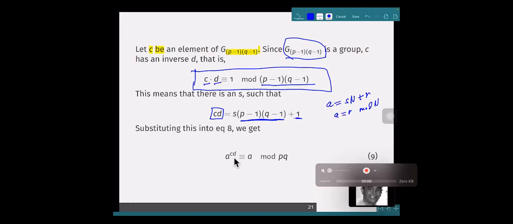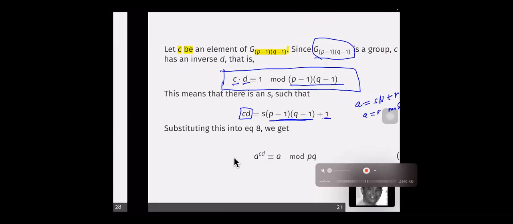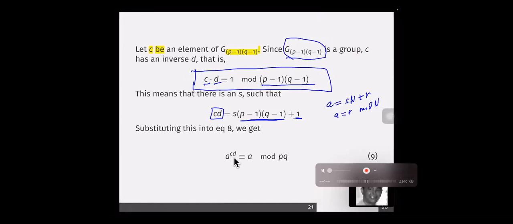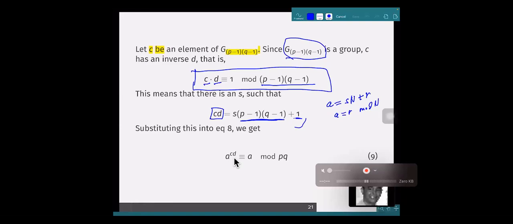Is P minus 1, Q minus 1. And ano yung R natin, which is 1. So ano yung A natin? Yung A natin is CD. Yung S natin is the same. Now take a look at this.